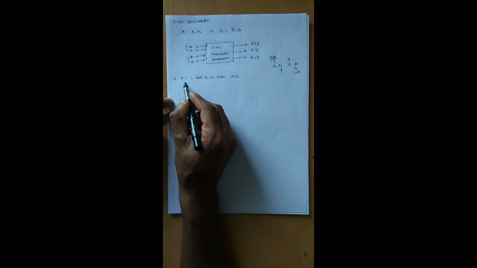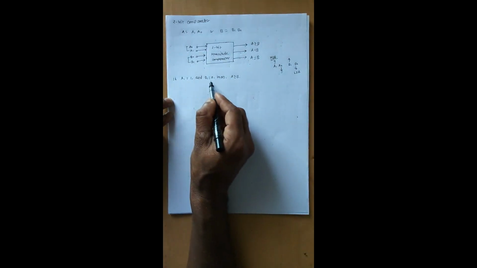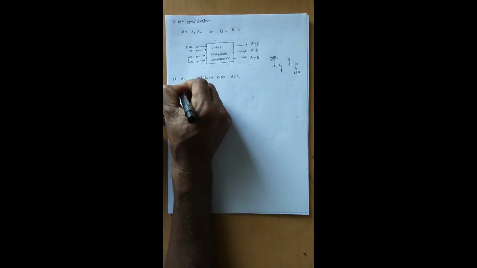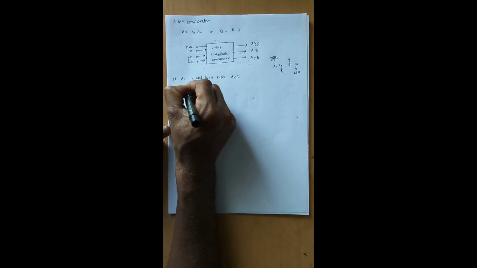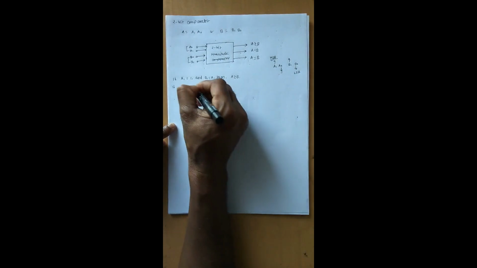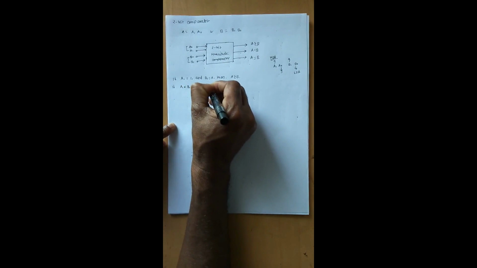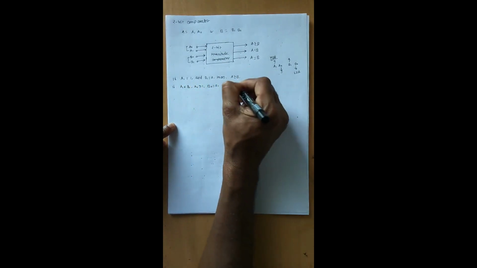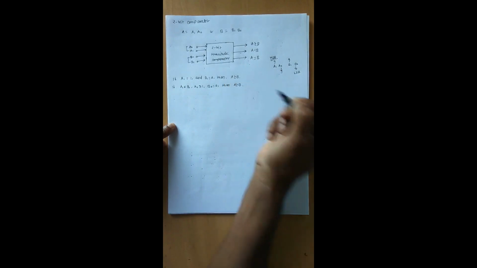So if A1 is 1 and B1 is 0, then definitely A is greater than B. For the next assumption, A1 and B1 both are equal and A0 is equal to 1 and B0 is equal to 0, then at this condition also A is greater than B.